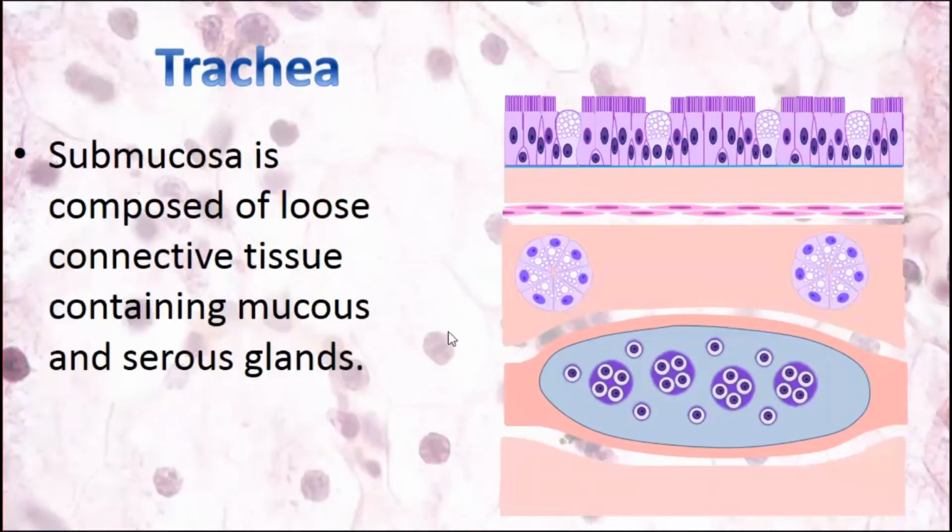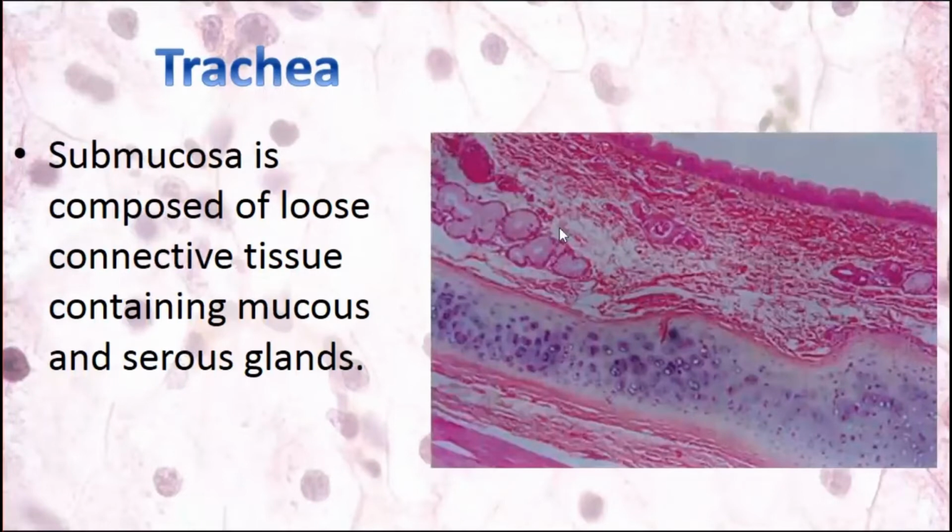Submucosa is composed of loose connective tissue, and there are mucus and serous glands. In the submucosa of the trachea, they are well developed, better than in the following parts of the respiratory tract. Here we can see numerous glands.